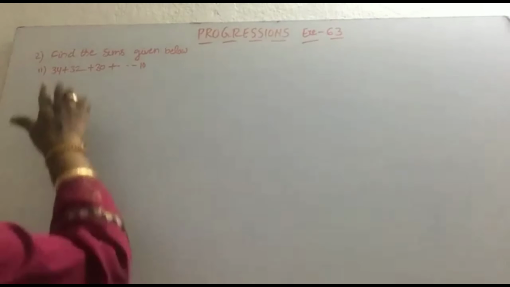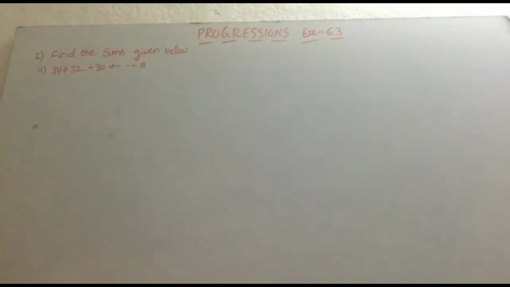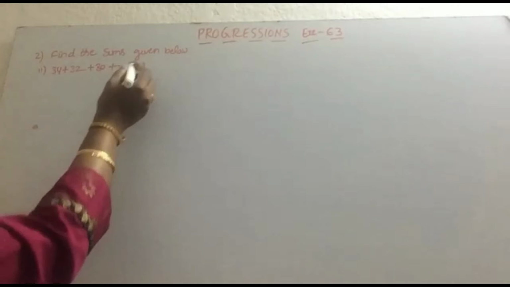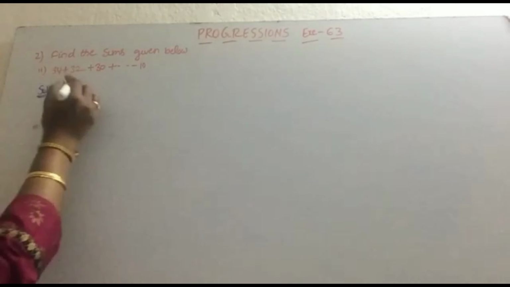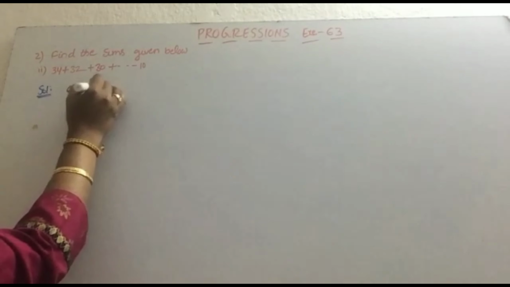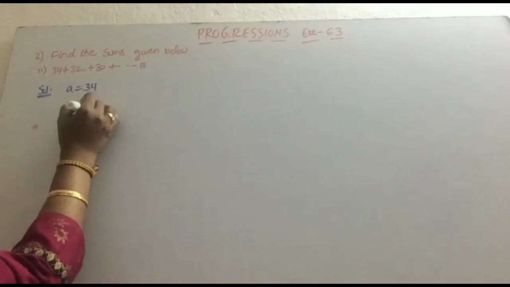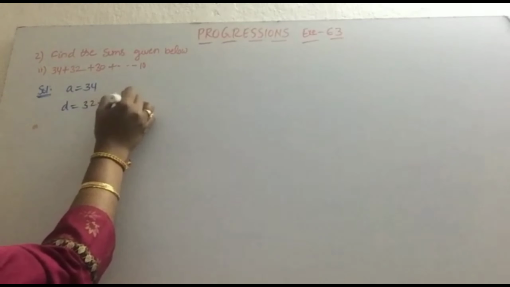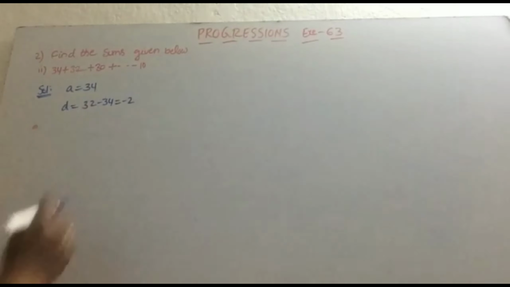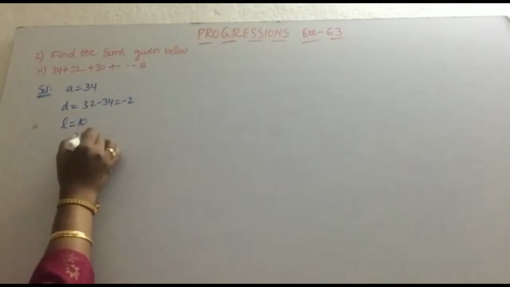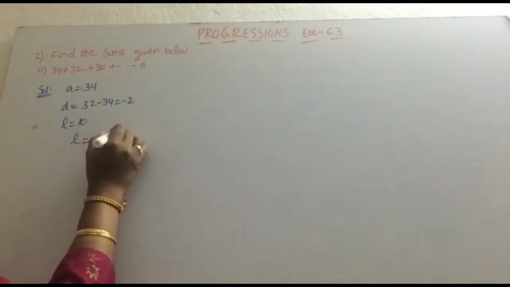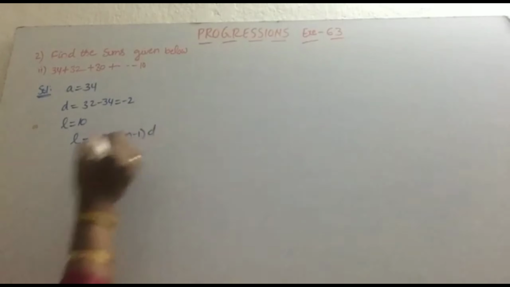So next one is 34 plus 32 plus 30 plus and so on up to 10. So this is also in AP. a is equal to 34, d equal to 32 minus 34, that is minus 2, and here the last term l equal to 10. So l equal to a plus n minus 1 into d.